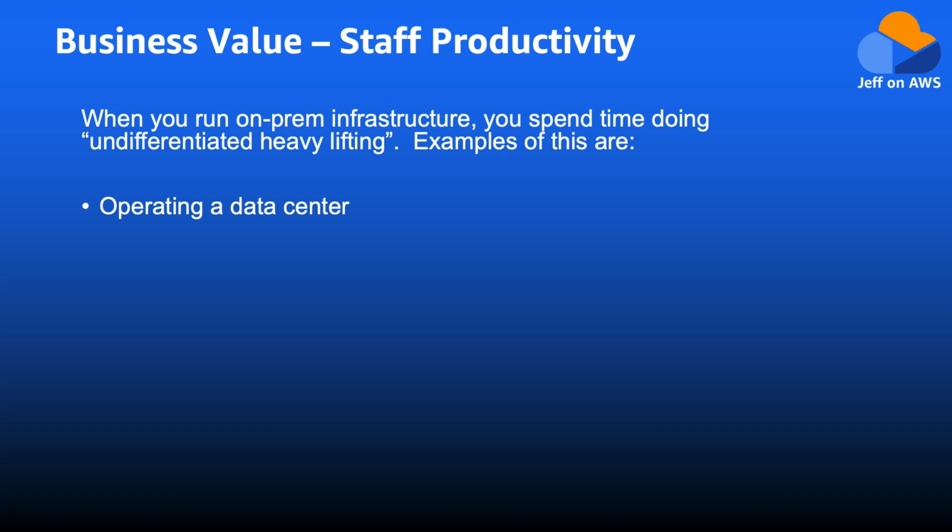Yes, for a lot of companies, operating a data center is the cost of doing business when you run on-prem, but that doesn't satisfy your customers any more than the next business does. It's a necessary expense, but it really doesn't provide a competitive advantage.